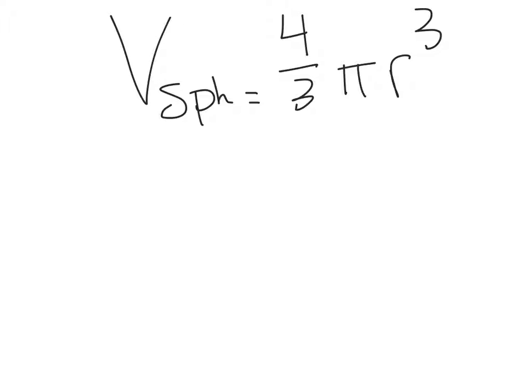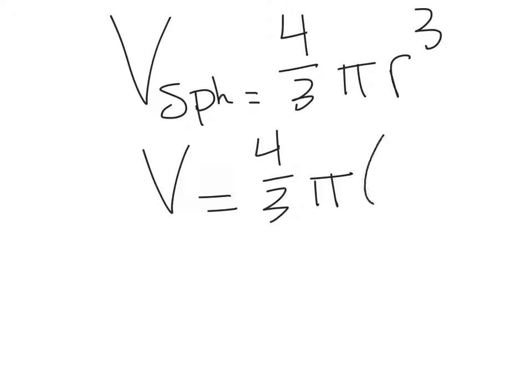So now, I'm just going to plug in the values that I'm given. So volume, V, is equal to 4/3 times pi times my radius, 0.5 centimeters cubed. I'll take just a moment and plug this value into my calculator.